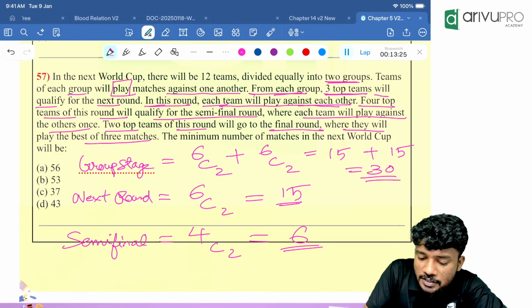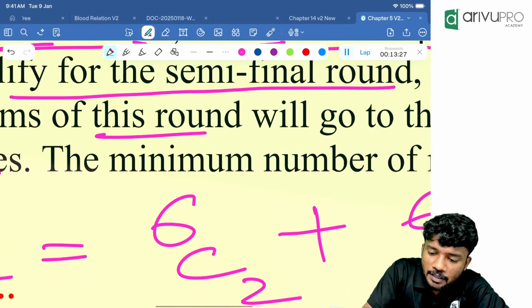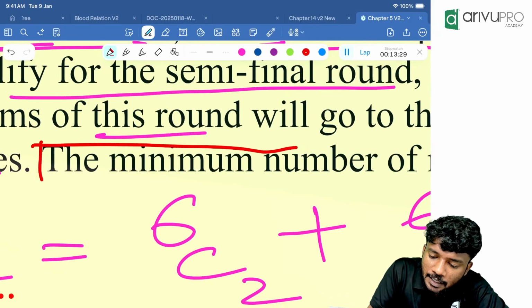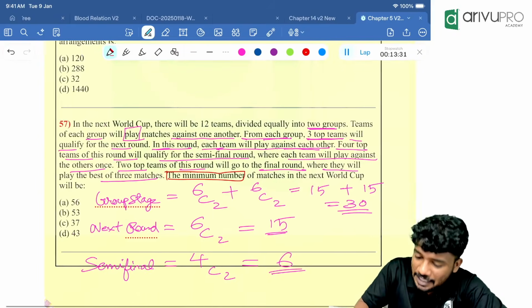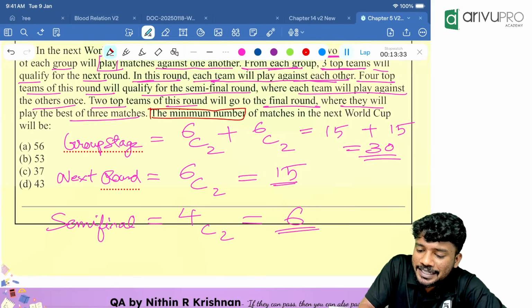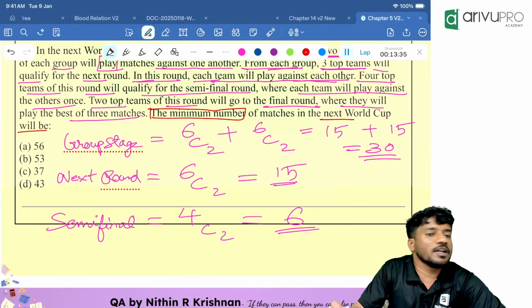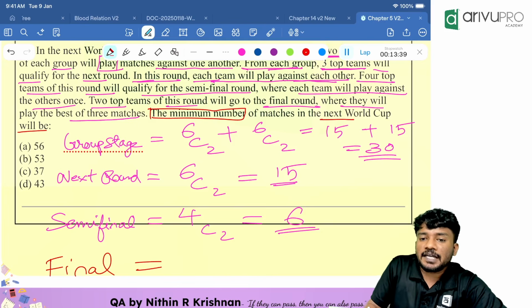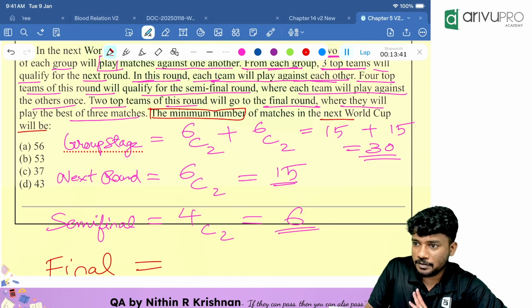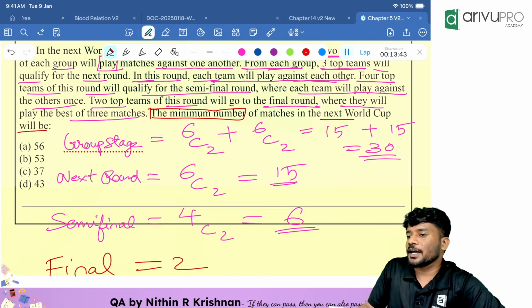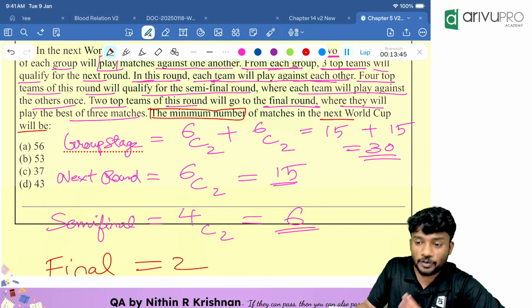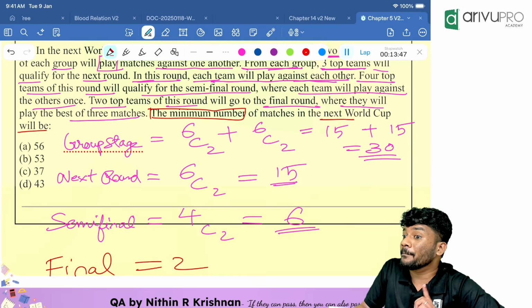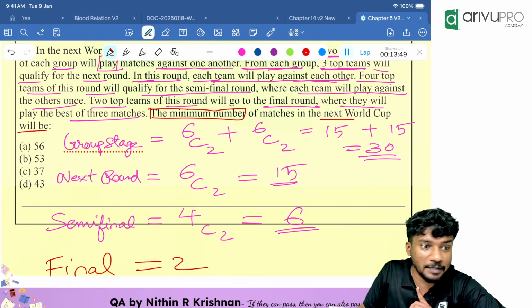Now the question is, very important word, the minimum number. The minimum number of matches in the next World Cup will be how much? People, if it should be minimum, in the final how many matches should happen? Only 2 matches should happen; 3 matches should not happen, to keep it minimum. Minimum is the keyword.